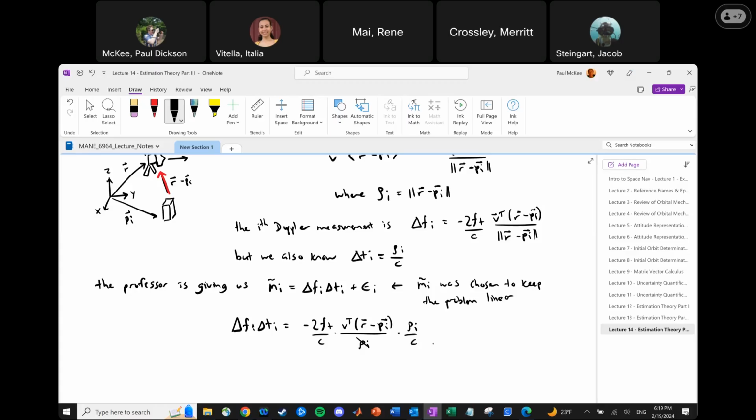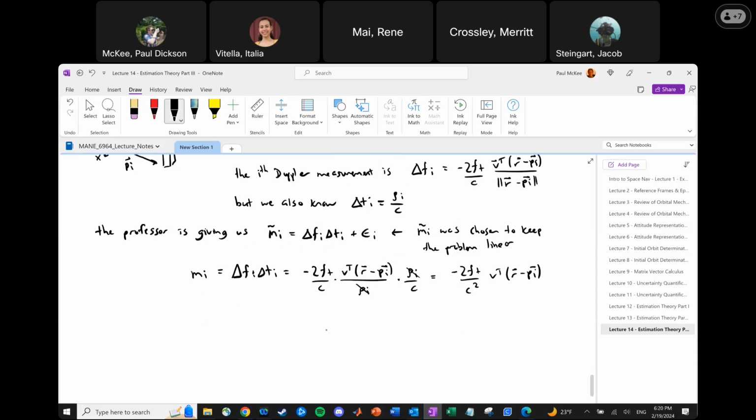So cancel, c squared. This is equal to negative 2 transmission frequency over c squared, velocity transpose (r minus pi). Okay, so now all of this is mi. Okay? So that without noise, we're not taking noise into account just yet.